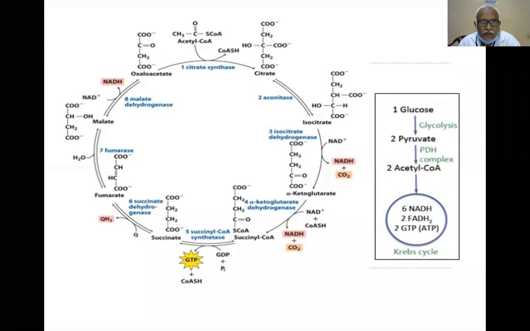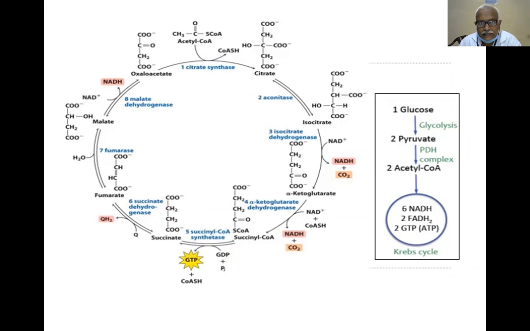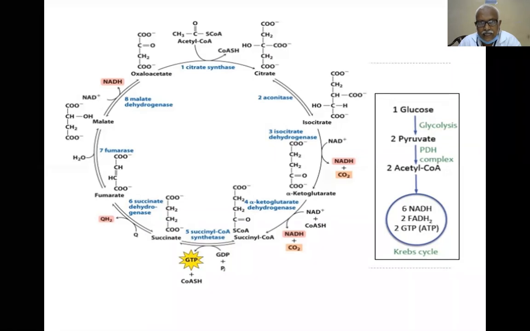Oxaloacetate is the first compound, and by the action of citrate synthase it will be converted to citrate. This citrate will be converted to isocitrate by the action of aconitase, and isocitrate will be converted into alpha-ketoglutarate by isocitrate dehydrogenase.